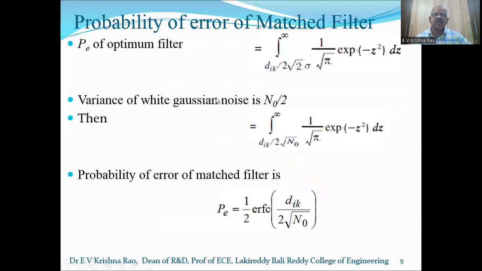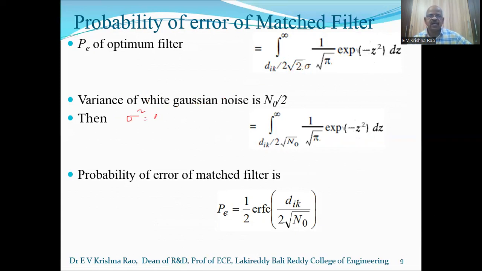Now, if you see the probability of error for the matched filter, it is taken as the integral of the probability density function with lower limit dak by 2 root 2 sigma to infinity, where the matched filter is the optimum filter, and considering white Gaussian noise, the variance is n naught by 2.